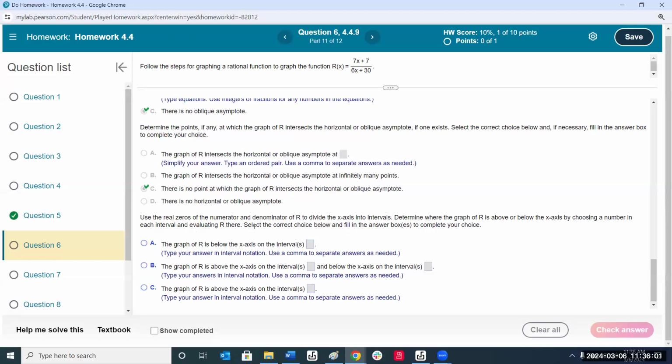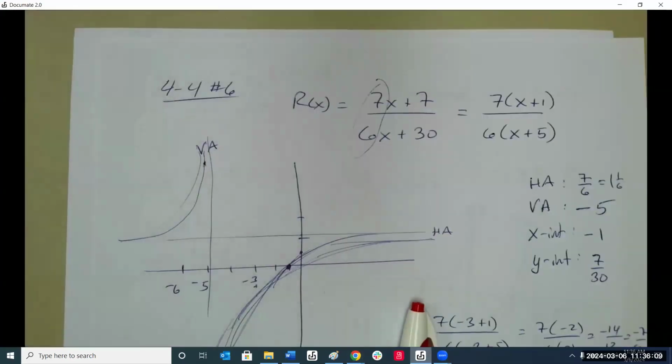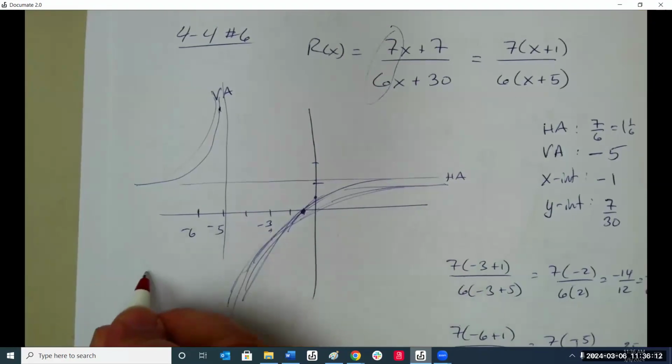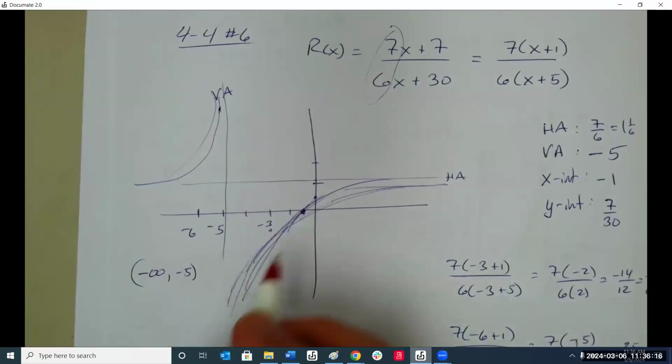Use the real zeros of the numerator and the denominator to divide into intervals. Determine whether the graph is below or above the x-axis. So, from -infinity to -5, it's above.